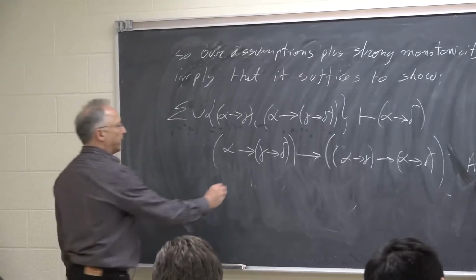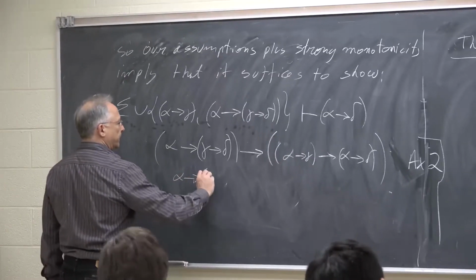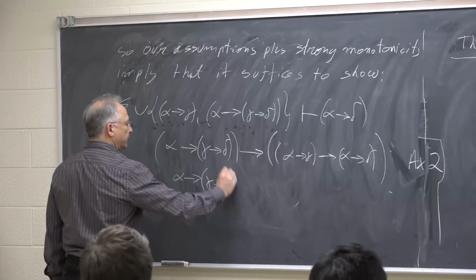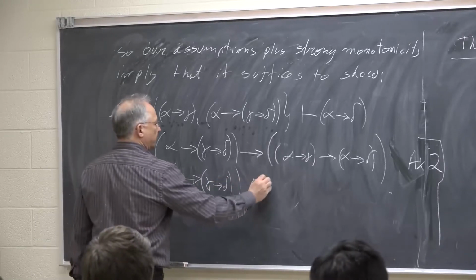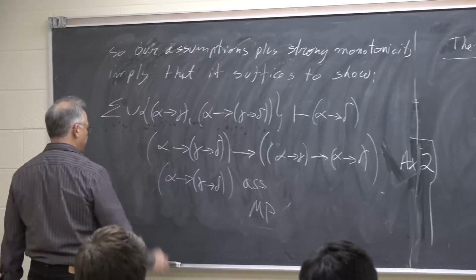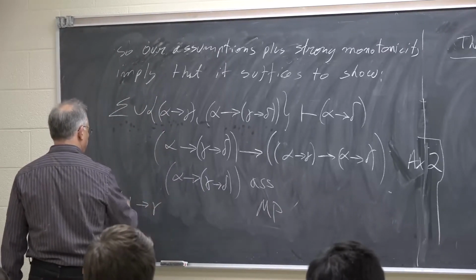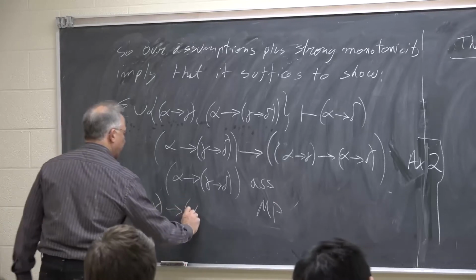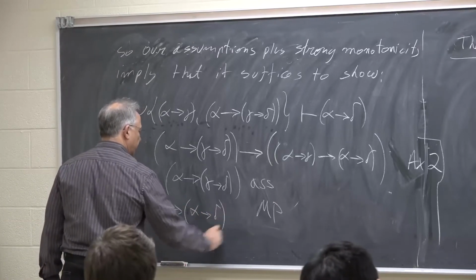And now I will write alpha arrows, gamma arrows delta. This is assumption. Then I'll do modus ponens, and I will get alpha arrows gamma arrows alpha arrows delta.